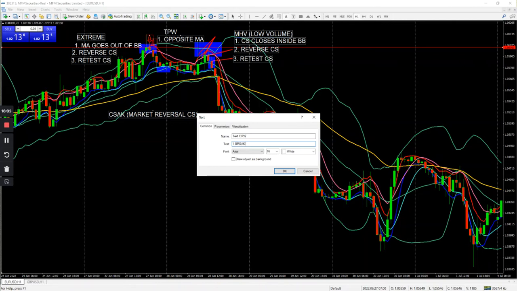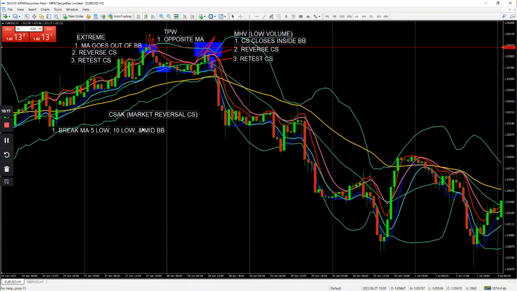Break MA 5 low, 10 low, and meet mid BB. That's all. There is only one criterion for market reversal CS.